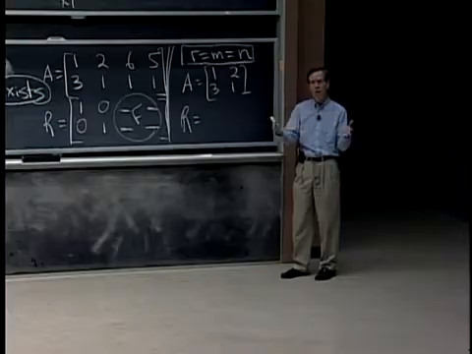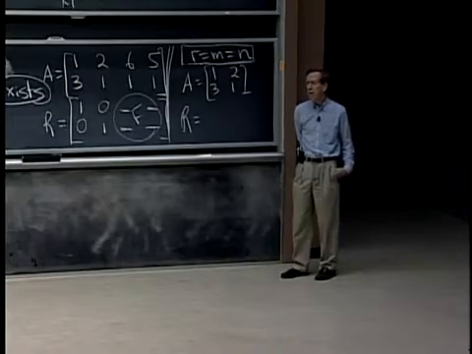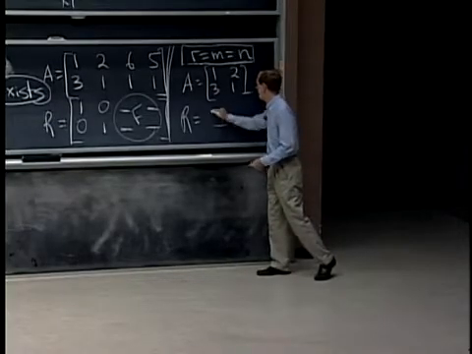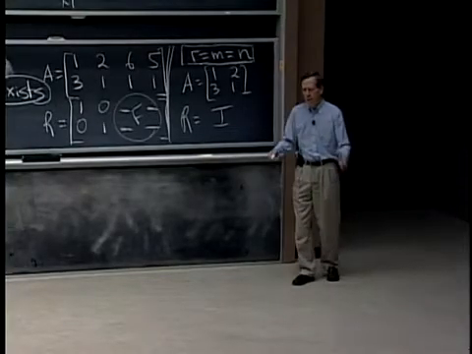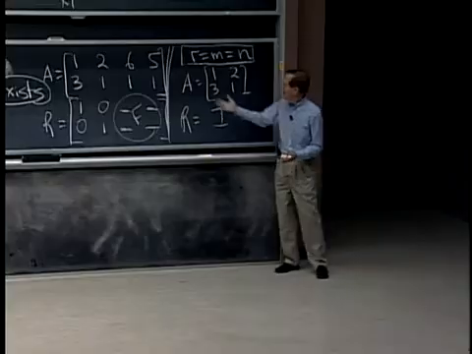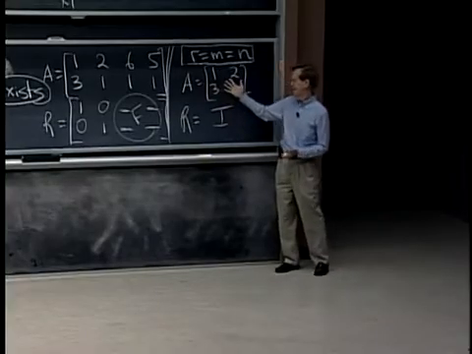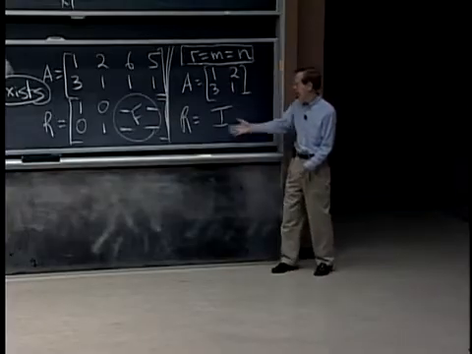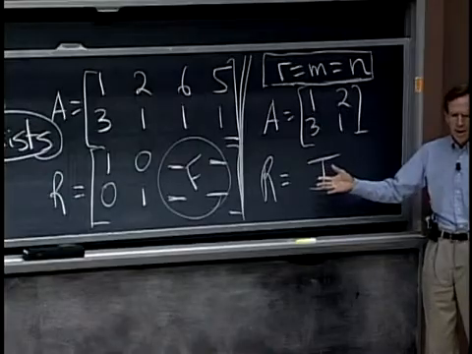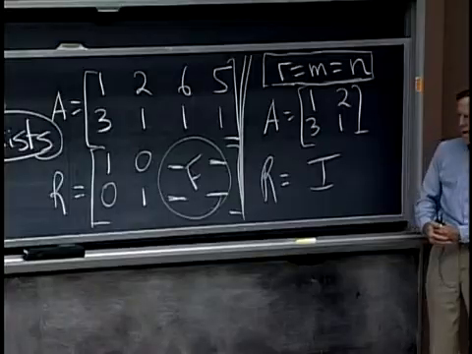For a nice square invertible matrix, it's I. Right. So you see that the good matrices are the ones that kind of come out trivially in R. You reduce them all the way to the identity matrix.